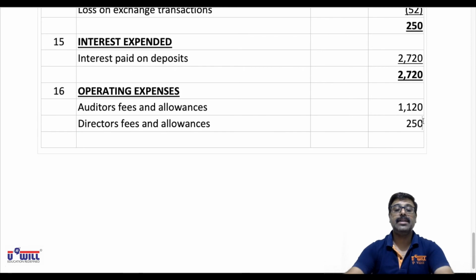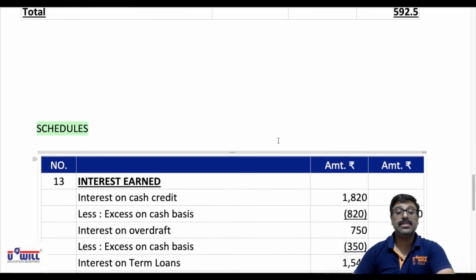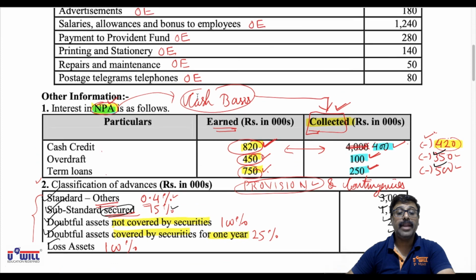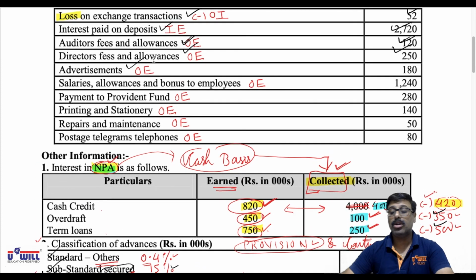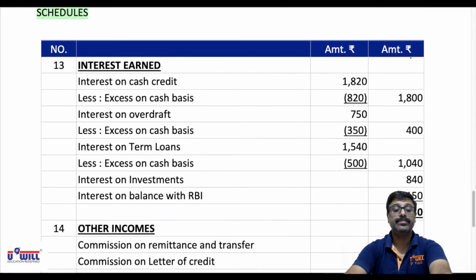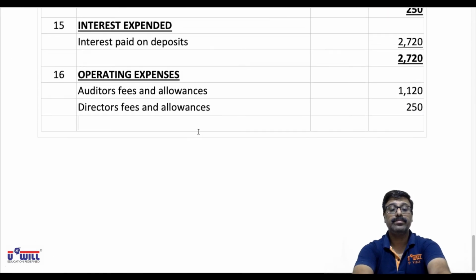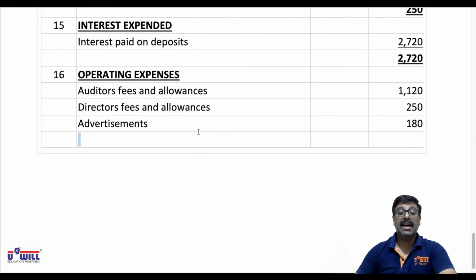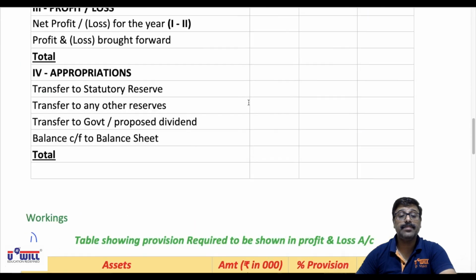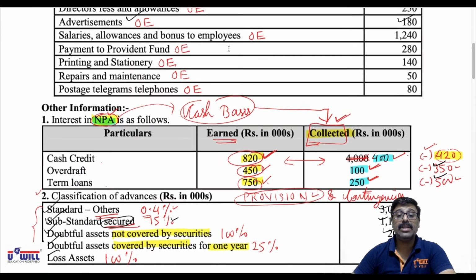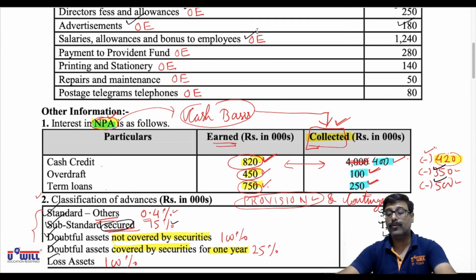Then after directors fees and allowances, what we have is advertisements of 180. So all of it on advertisements 180. Then after advertisements, what we have is salaries, allowances and bonus to employees 1240.